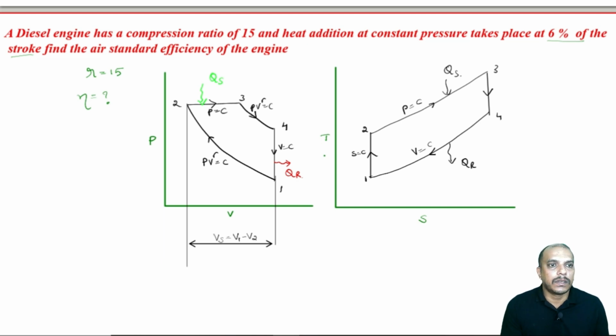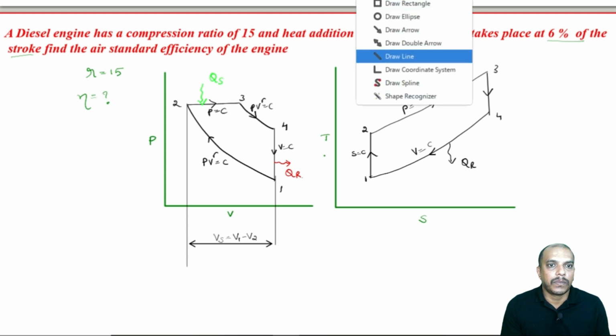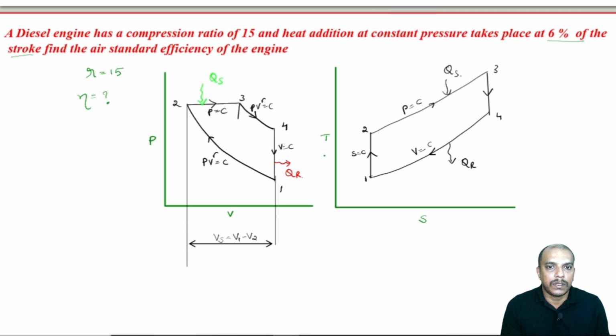Now, constant pressure heat addition is taking place between 2 to 3.